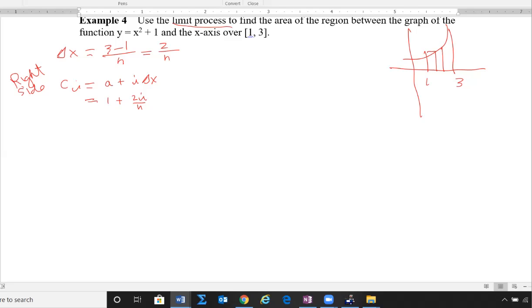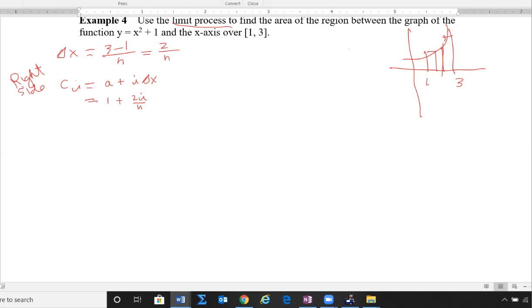And notice when i is equal to n, what happens? You'll get 2n over n, which is 2, sorry. So we're going to end up with 1 plus 2 is 3.